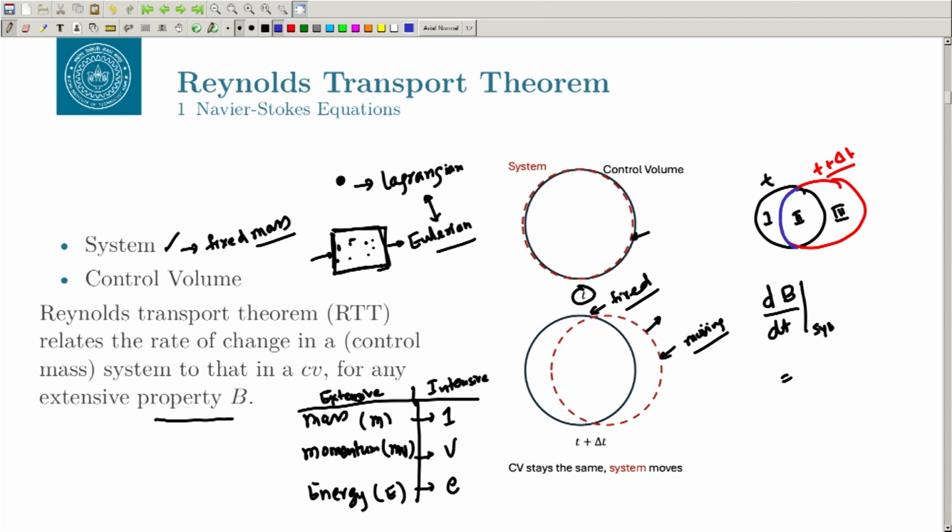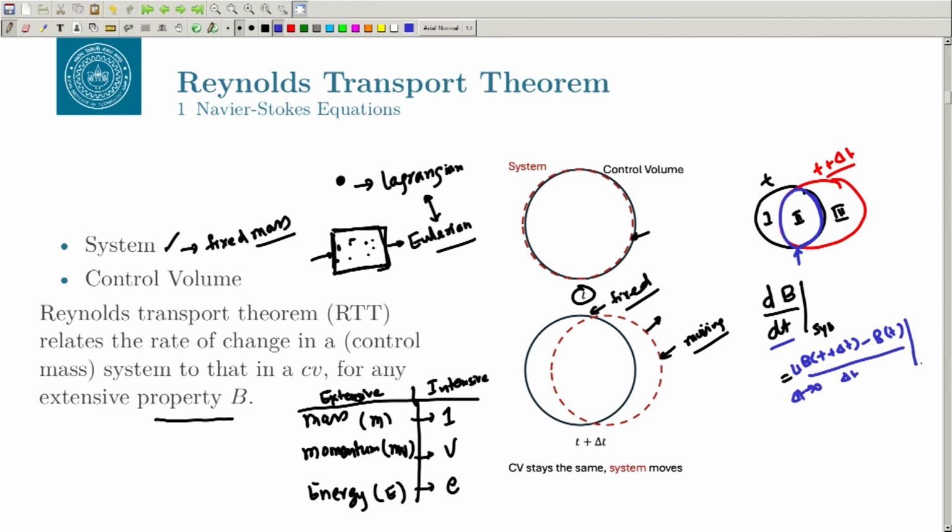Okay. Ultimately we will make an approximation that the movement of the system is so small, because we are talking about dt, that the boundaries of the control volume as well as the system are nearly overlapping. So, if you do this, you will find one expression which will be only for region 2, which is basically B at t plus delta t minus B at t, divided by delta t, limit delta t tends to 0.